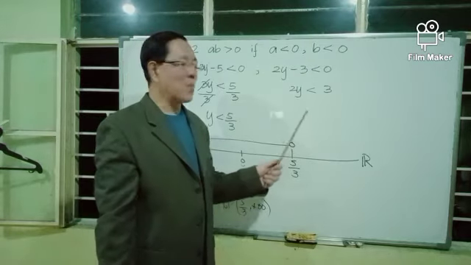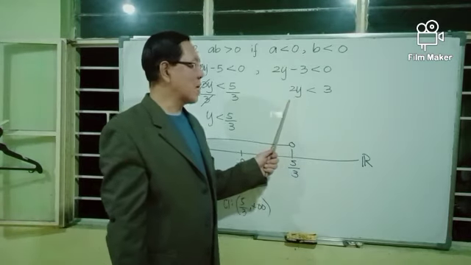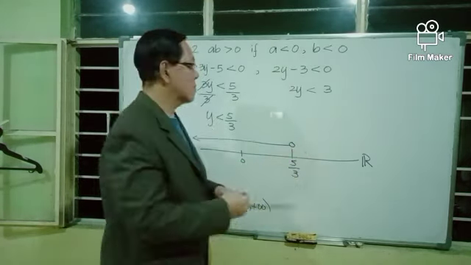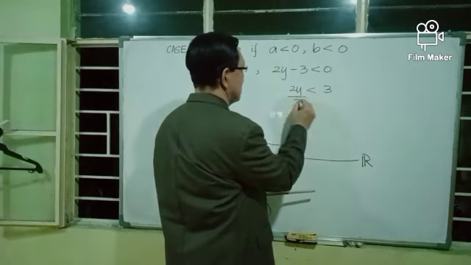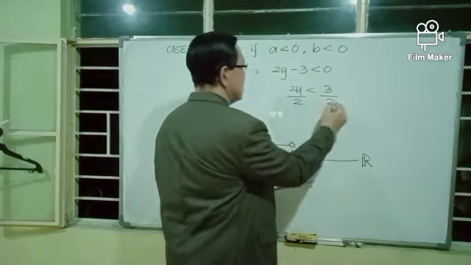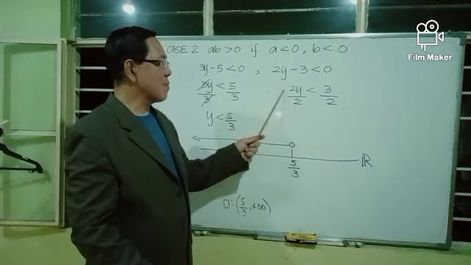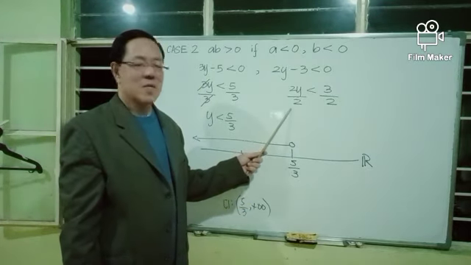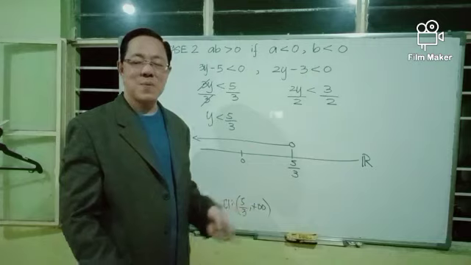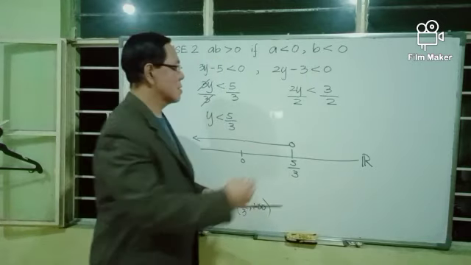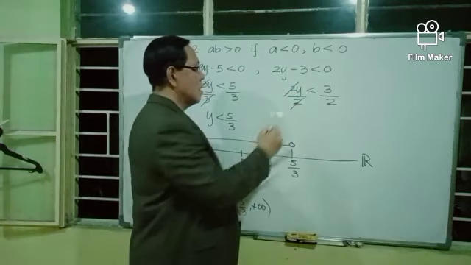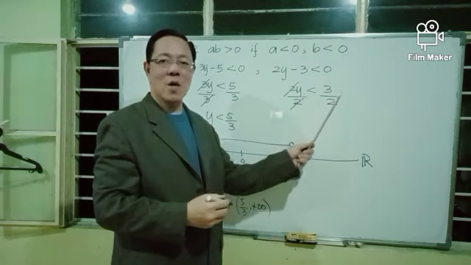And the coefficient of y should be positive 1, so we divide both sides by 2. And 2 divided by 2 is 1, or we simply cancel out 2 from the left side of the inequality. And we get y less than 3 over 2.